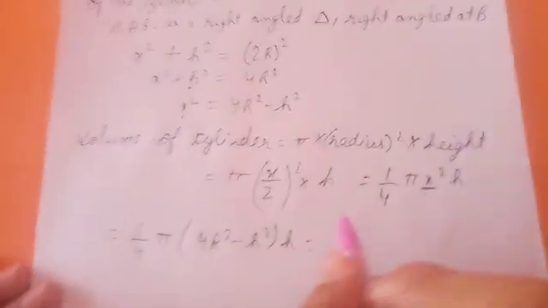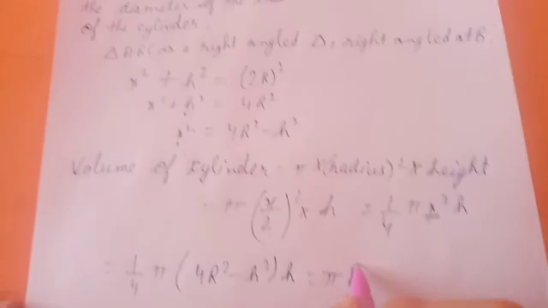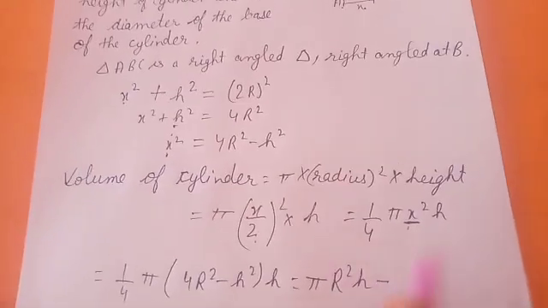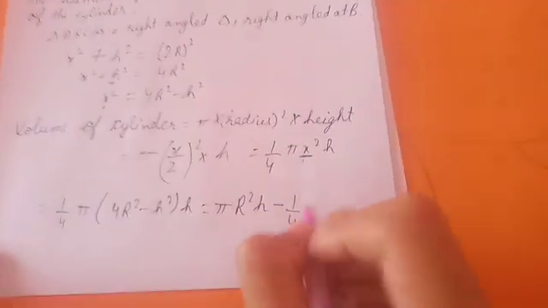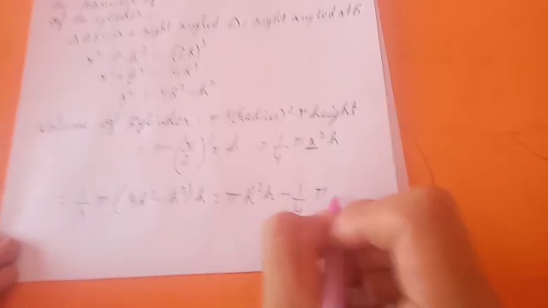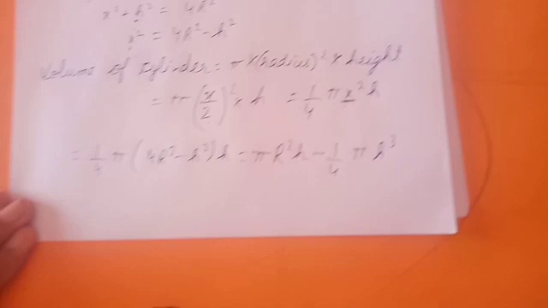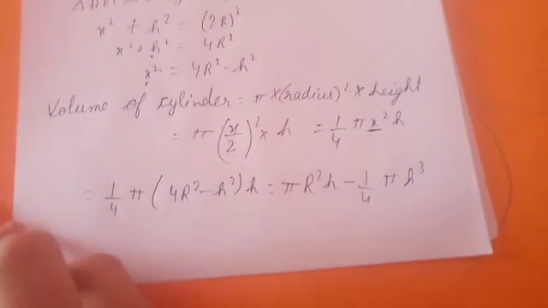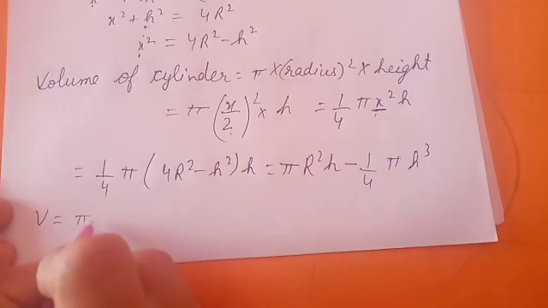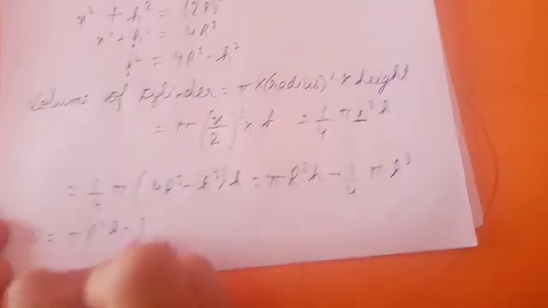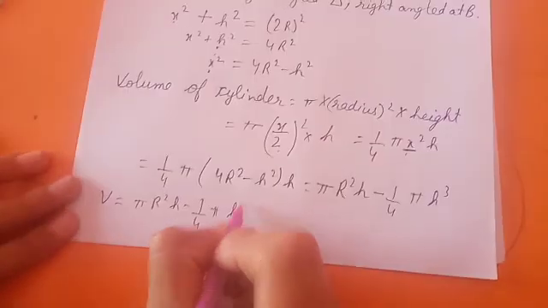So what we will get at last is pi r square h minus 1 by 4 pi h cube. We have multiplied this outside. Okay, now we got our volume. Our volume V is pi r square h minus 1 by 4 pi h cube.